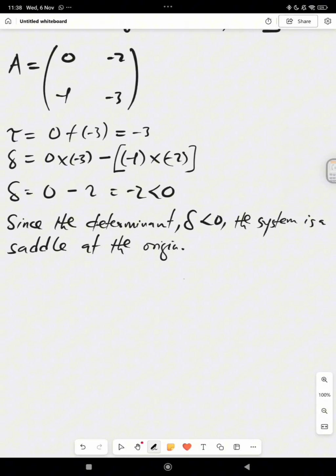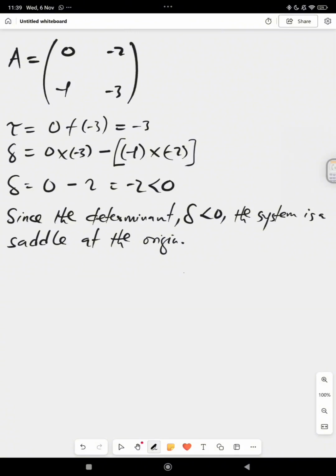Now, the behavior of the system is always close to its equilibrium point. That's where we make our conclusions. The equilibrium point of every linear homogeneous system is at the origin. That's why we are concluding that the system is a saddle at the origin.